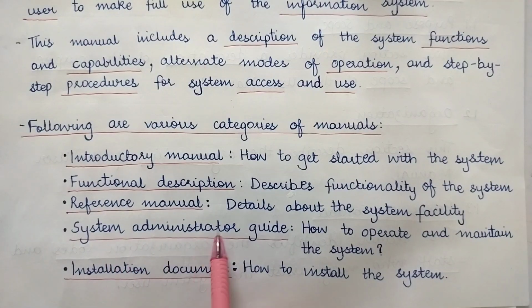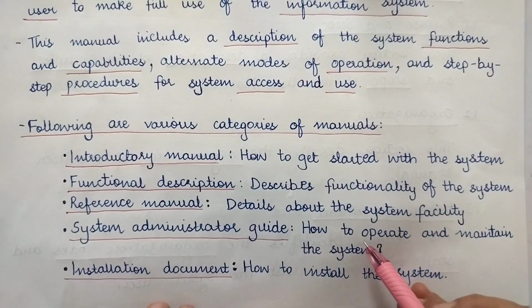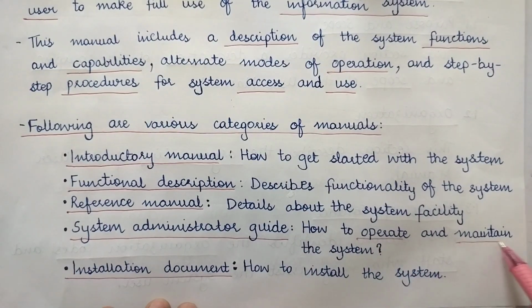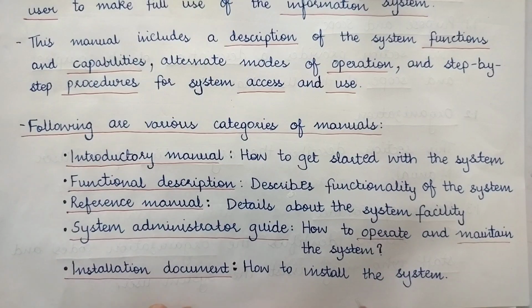Then is your system administrator guide. Now the name itself clarifies that this particular category of the user manual is for the system administrator. It is basically guiding or telling the system administrator how he should operate and maintain the system. Then comes another category of manual, which is the installation document.